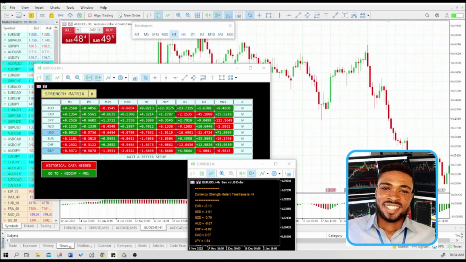Since you are trading within a short period, compared to a swing trader who trades the H4 and daily time frame, you must have an edge of understanding of the strength and weakness of any currency or forex pair before you can trade them. You must understand how the strength of a currency pair can improve or reduce your chances of having a winning or a losing trade. So with this basic understanding, let's get started and see what we can cover in this video.